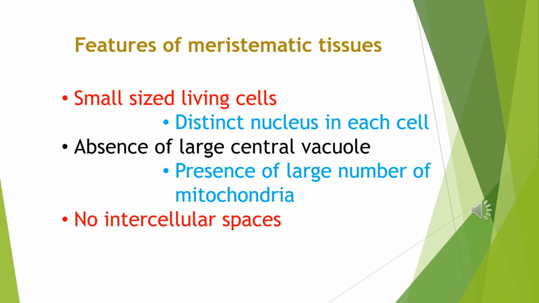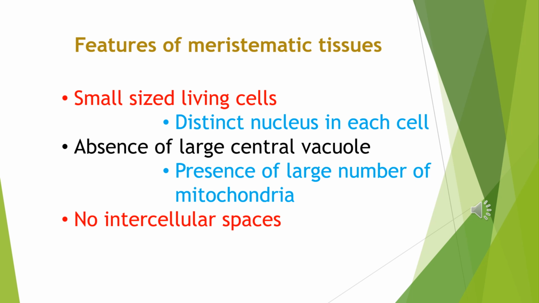Now you can see here the features of meristematic tissues. They are small-sized living cells, and a distinct nucleus can be seen in each cell, and also there is an absence of a large central vacuole. Normally, a large central vacuole can be seen in a plant cell, but in meristematic tissues, there is an absence of a large central vacuole.